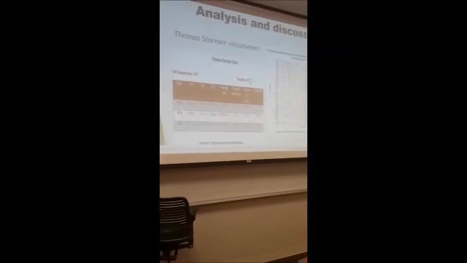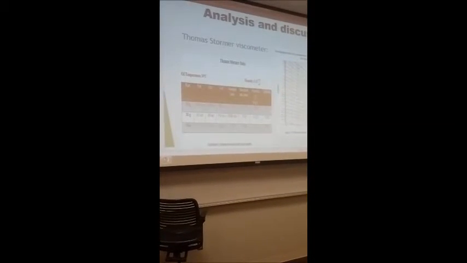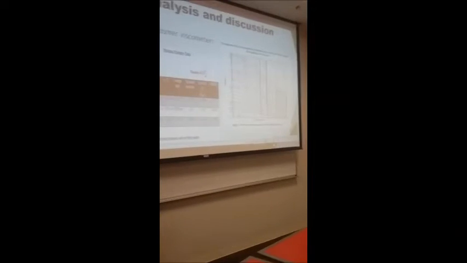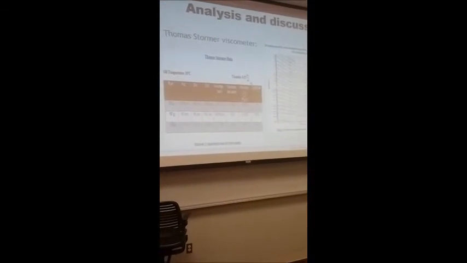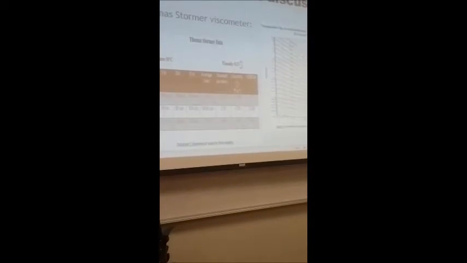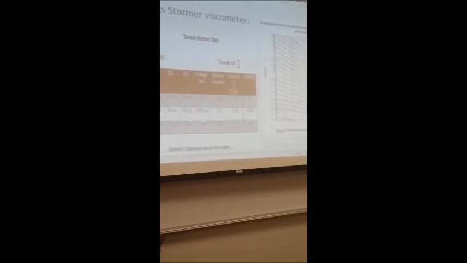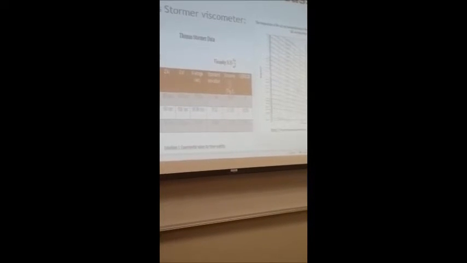Another thing that we found in this experiment was that, although we measured the oil temperature, and we found based on this graph that the viscosity was 0.15 newton second per meter squared, when we looked at what we found during the experiment, we realized that we were quite close to the actual viscosity found using this graph.